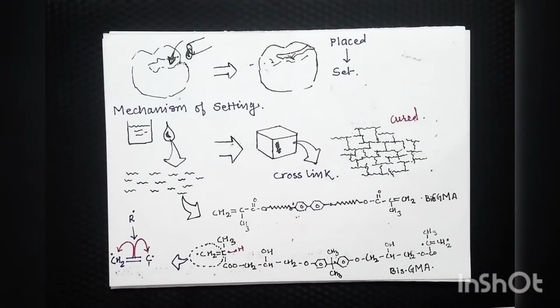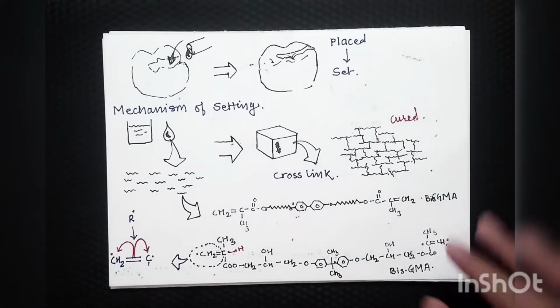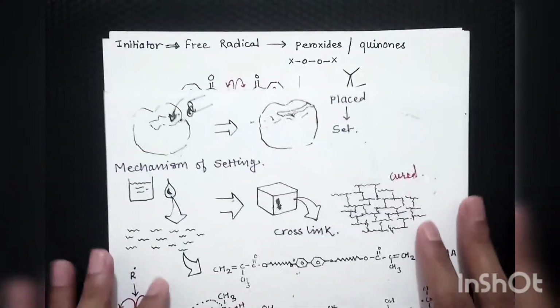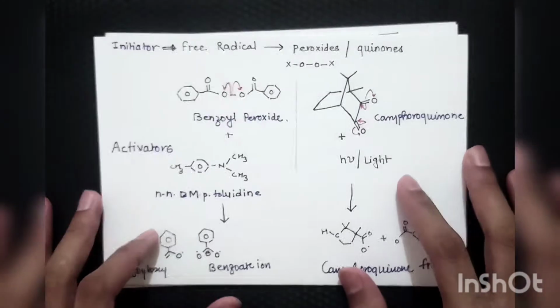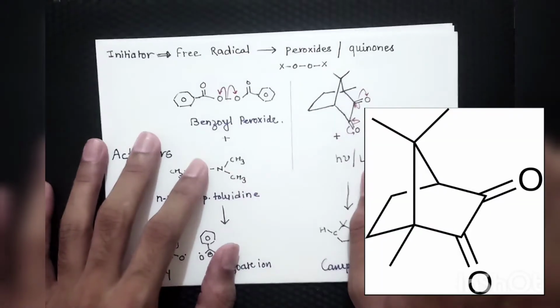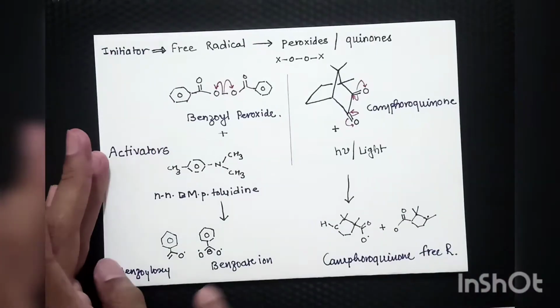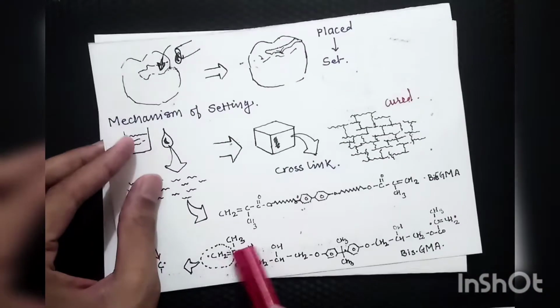So how can we break these double bonds here? We need an initiator, something that initiates the breaking of these bonds. As an initiator, we need free radicals, that is benzoyl peroxide or camphorquinone. These benzoyl peroxide and camphorquinone are converted into free radicals, and these free radicals will break these double bonds.